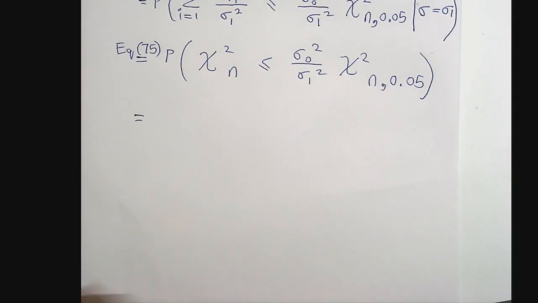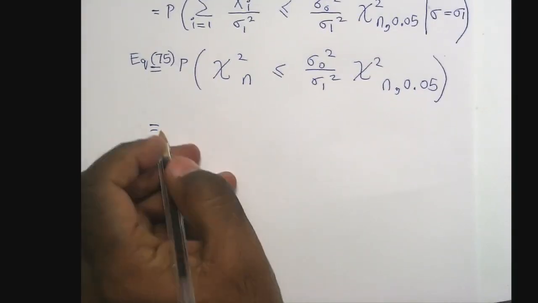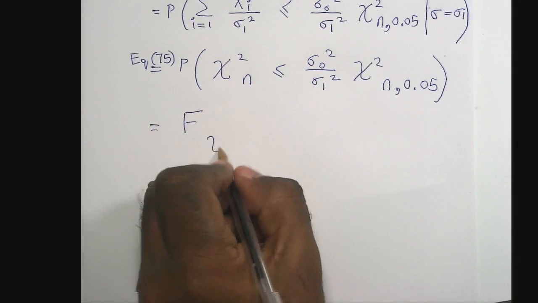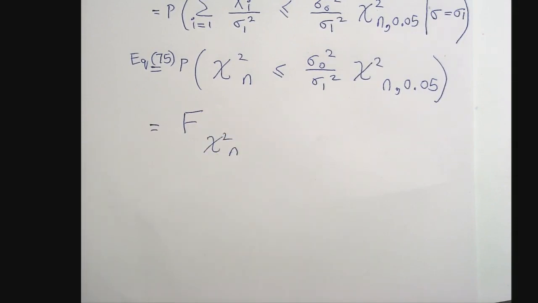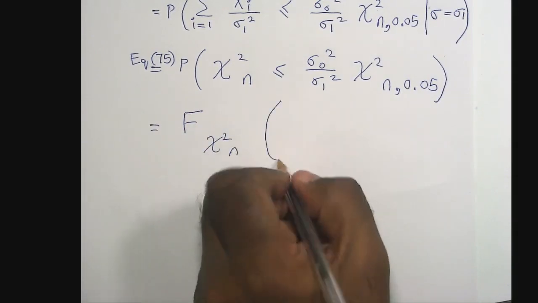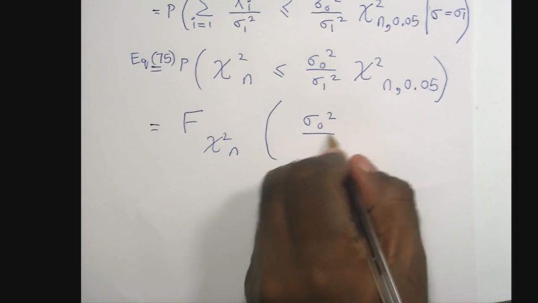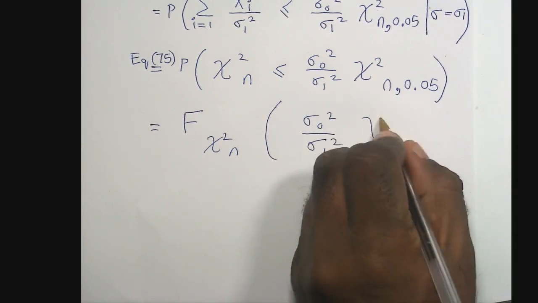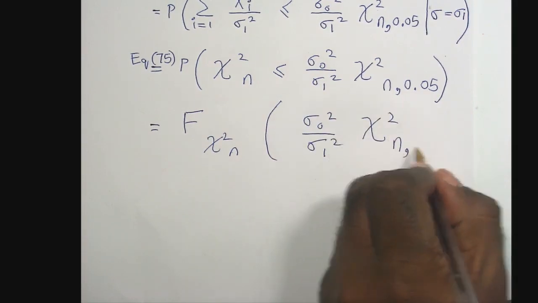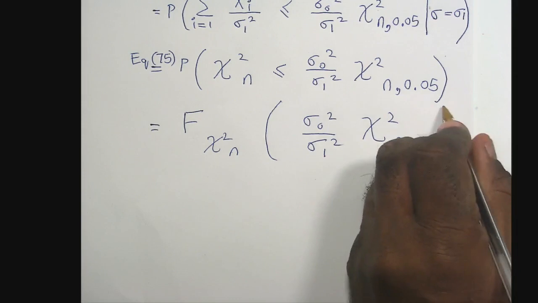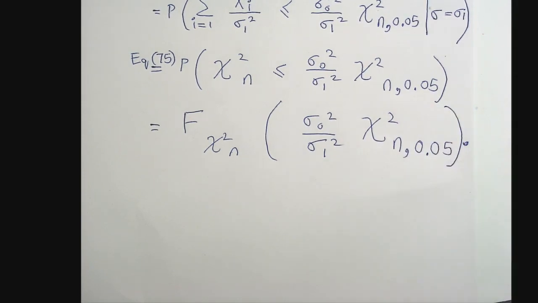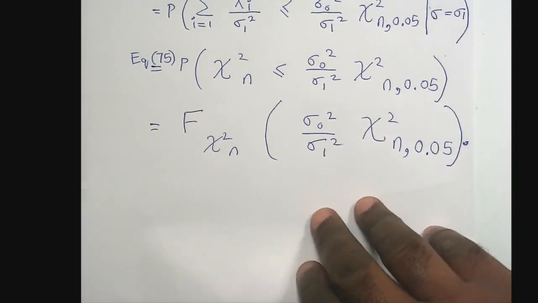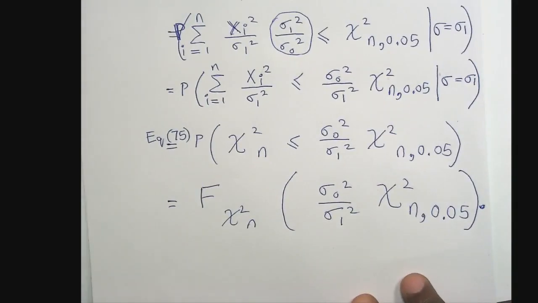You can also write this as the CDF of a chi-squared n variable at this value. All right. So this is the answer to part 3 of question 2.